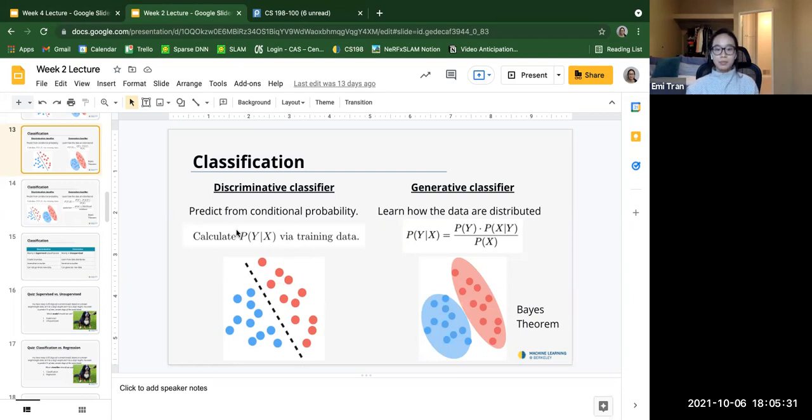The discriminative and generative, you're trying to find the distribution of the data rather than some more extreme decision boundary.